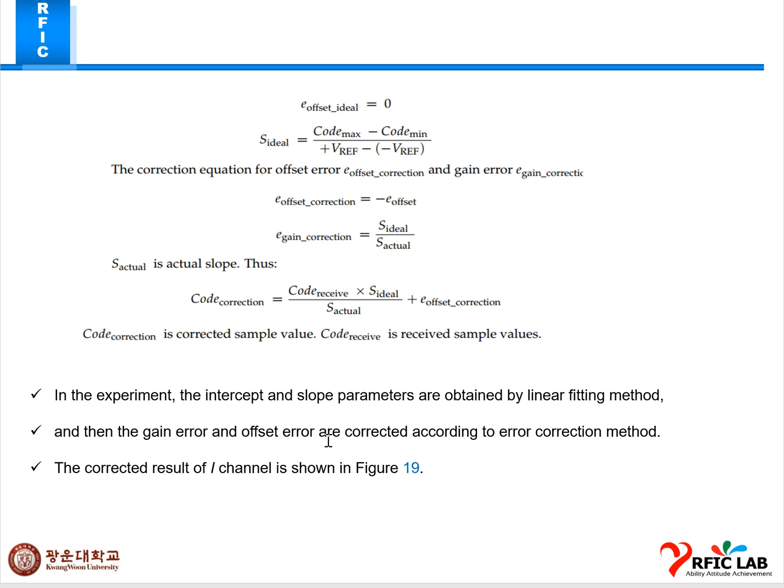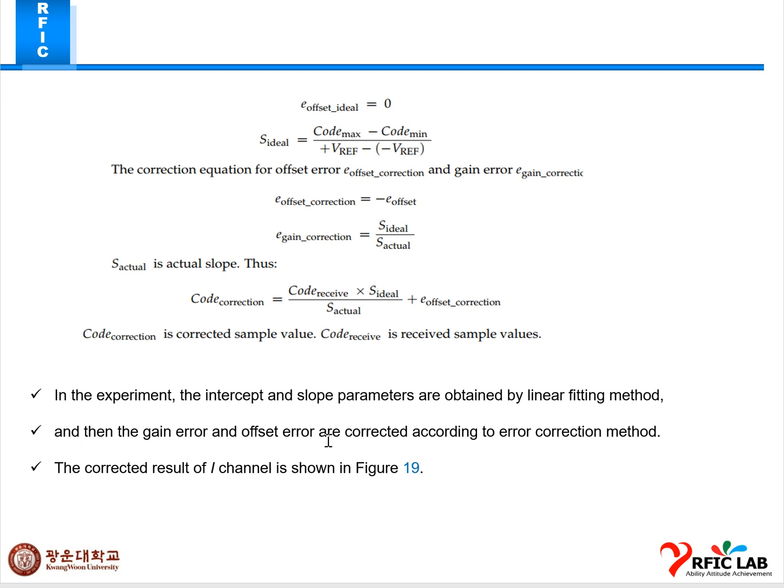When the idle offset equals 0, the idle slope is calculated by using code max minus code min, over the positive voltage reference minus the negative voltage reference.